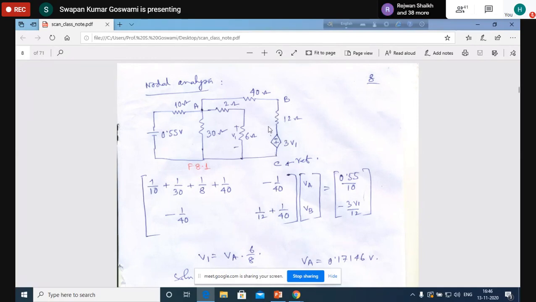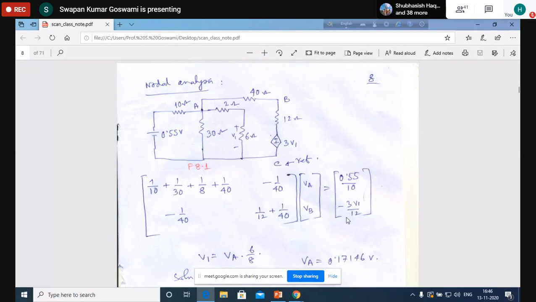It will be 3V1 by 12. That means voltage divided by series impedance is the current source value. The arrowhead of this current source will be at the positive terminal, that means at C. That means this current is going out of node B. Injected current is positive, current going out will be negative. So minus 3V1 by 12.